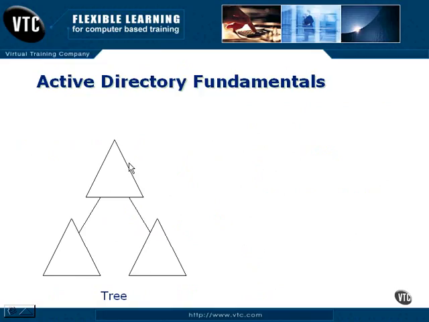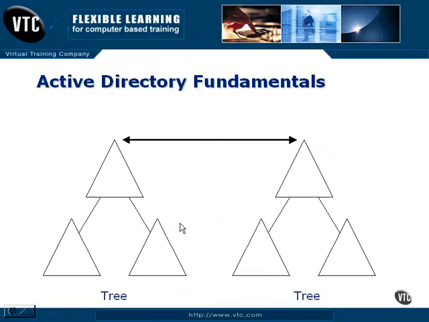But anytime I connect a number of domains together like this, they form a tree. Then I can create another tree and connect them together, and they become a forest. And so that's the visual on Active Directory, how the relationships happen between these particular servers, organizational units, domains, and trees. So keep that in mind.